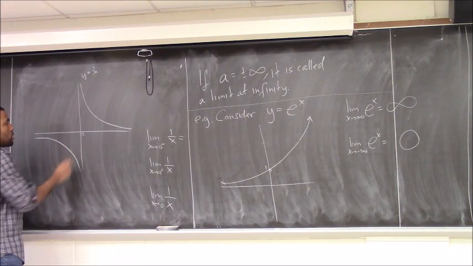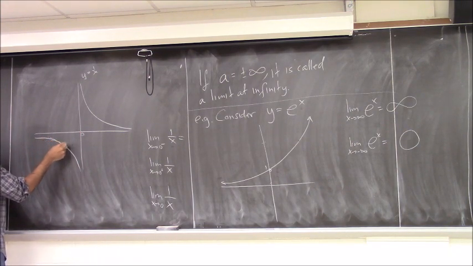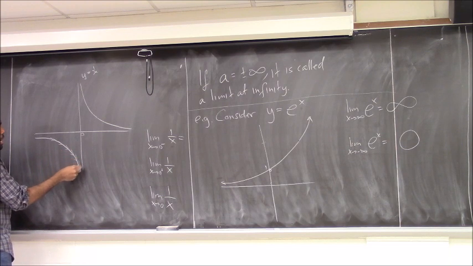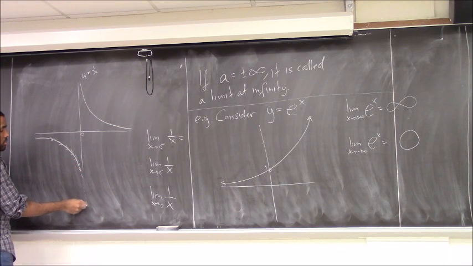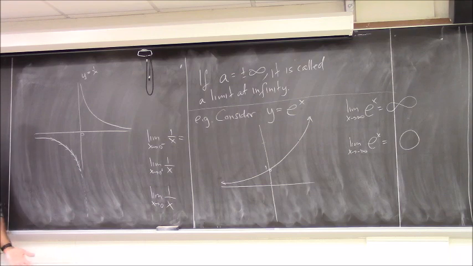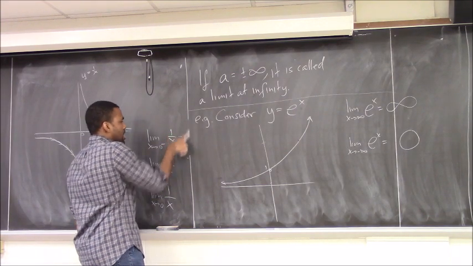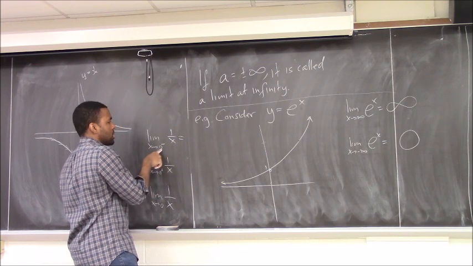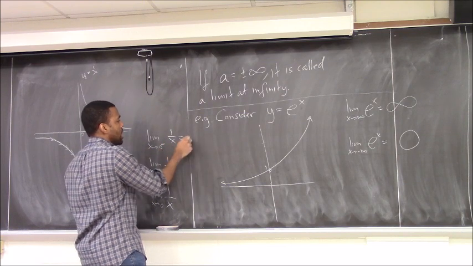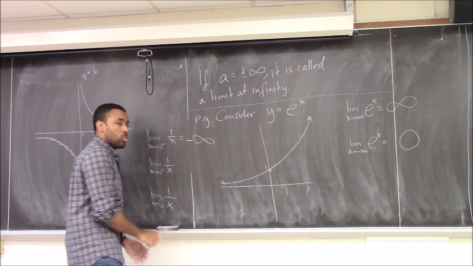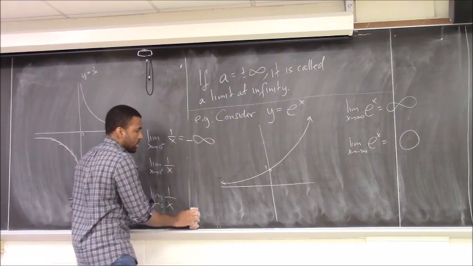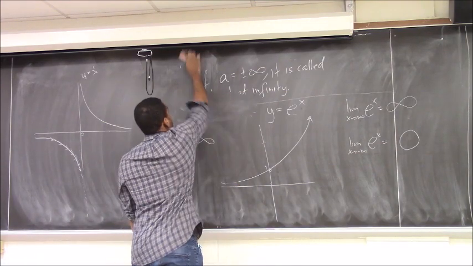So if I'm approaching 0 and I'm on this function on the left, what is happening to the y values? I keep going down and down forever. I'll never actually hit 0, of course, but as I get closer to 0, my y values will go down. They will decrease without bound. They will go to negative infinity.